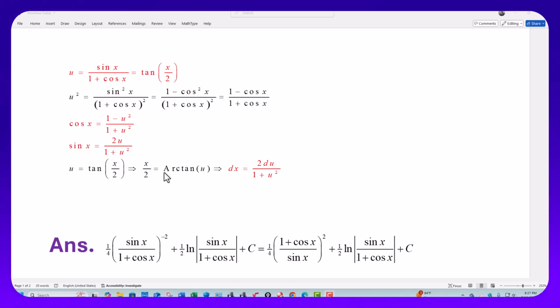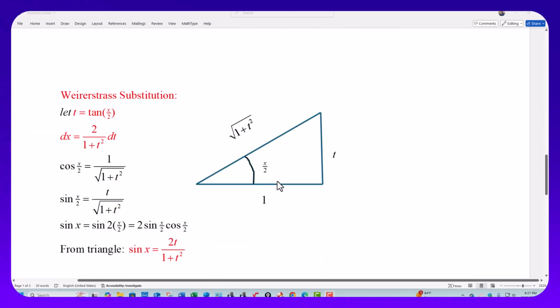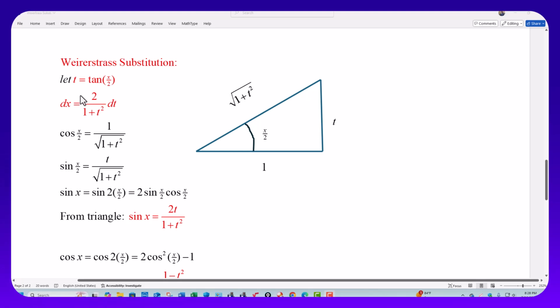And then the dx, using the substitution, and we showed this last time, is dx equal to 2 du over 1 plus u squared. Now for the other substitution, we went over that one briefly. The Weierstrass substitution: we use t equal to tangent of x over 2, and this is what we derived in the last video.